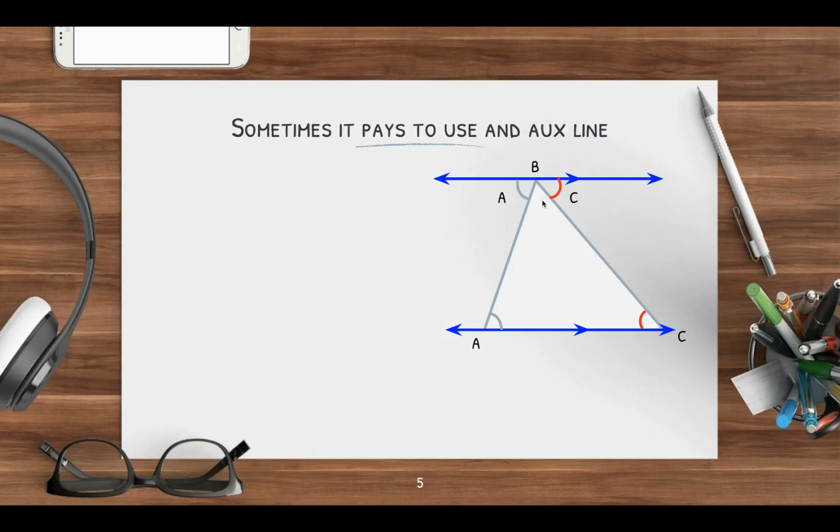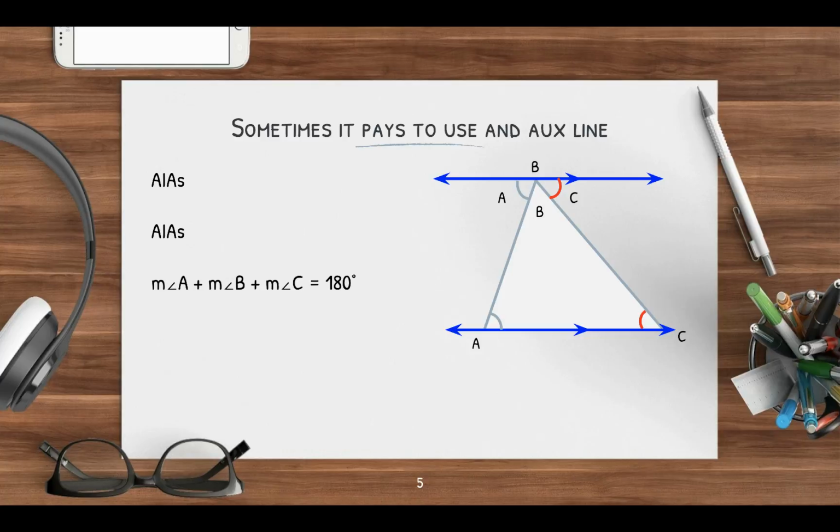And then this angle right here is just angle B. So I'll put the B right there. Now when you look at these three angles, angle A, angle B, and angle C, they form a straight angle up here. And so we know that the measure of angle A plus the measure of angle B plus the measure of angle C is a straight angle, so it equals 180 degrees.